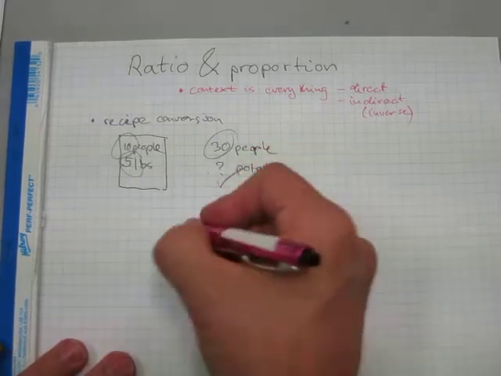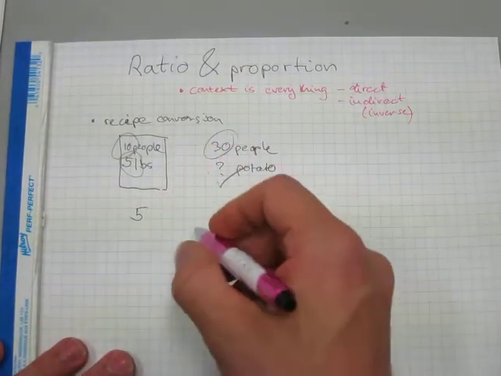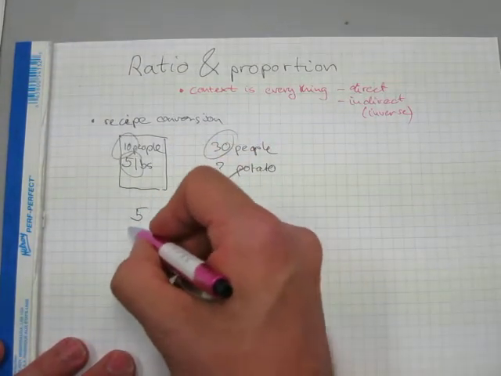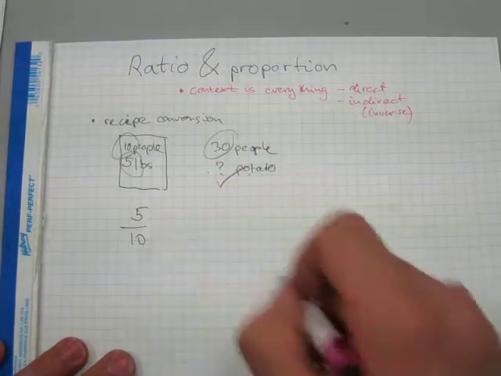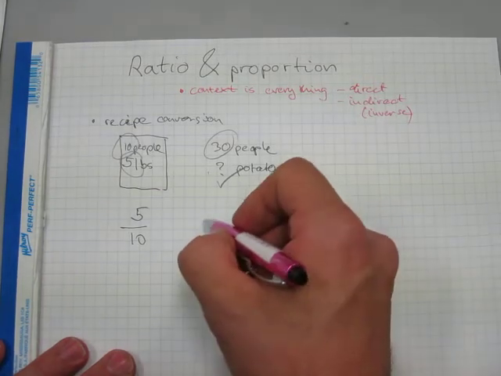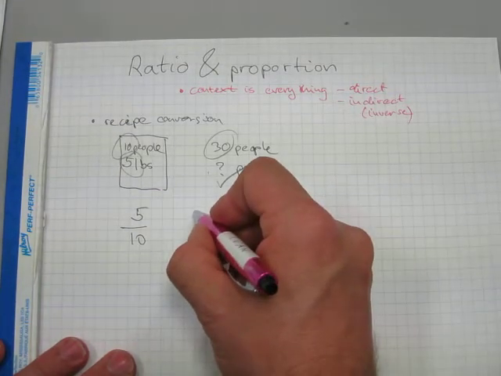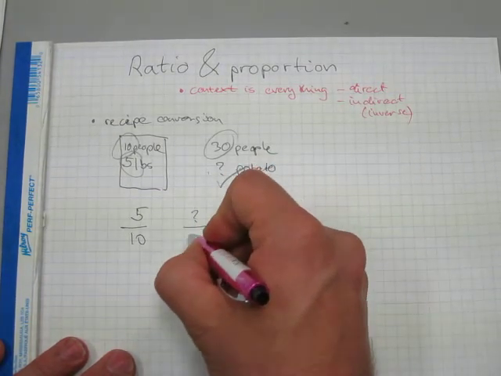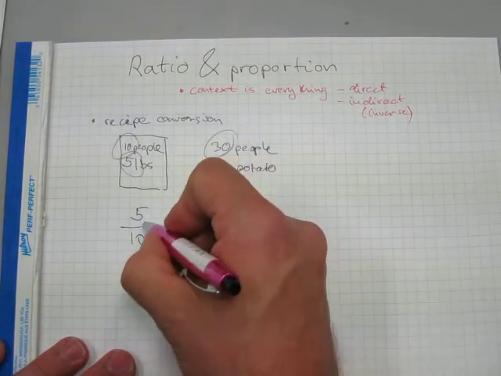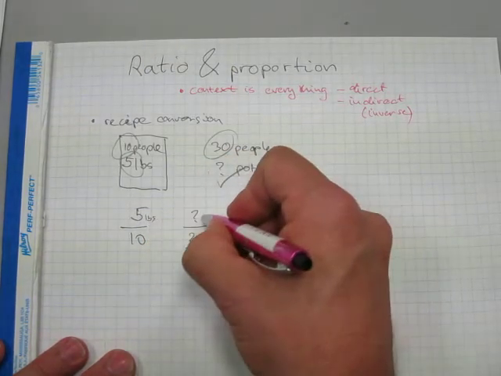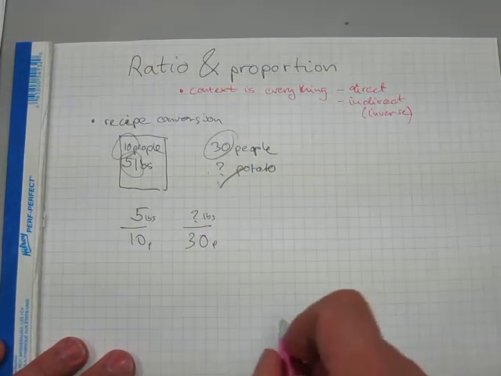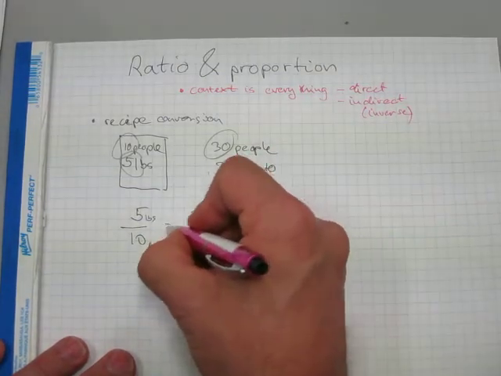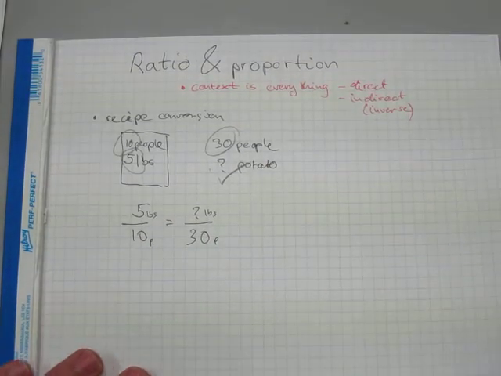You can write it up as follows. The 5 pounds is proportionate to the 10 people, as the so many pounds are proportionate to the 30 people. Here we have pounds, and here we have pounds, and here we have people, and there we have people, and they are both proportionate.